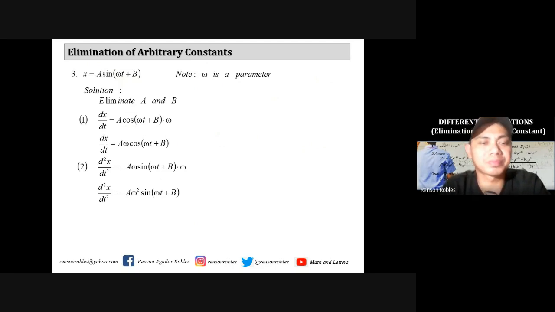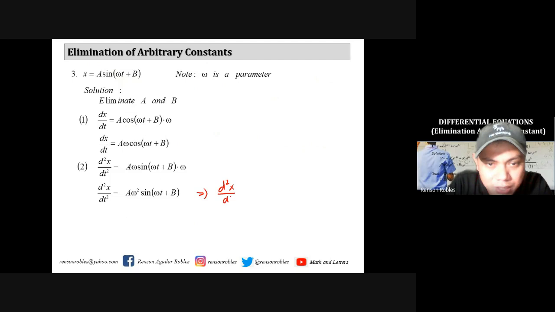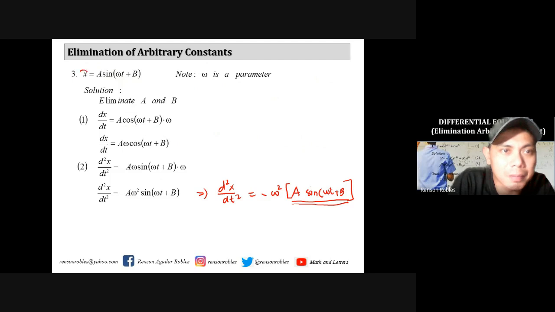Okay? And then, how do we eliminate b and a? We can see here that the second derivative of x with respect to t is equal to negative omega squared, then I will combine this a sine of omega t plus b, because I can replace this, from our given, by x.